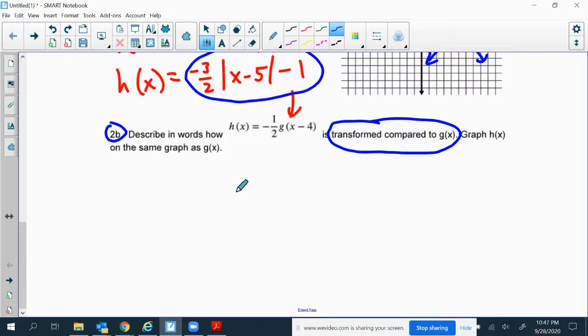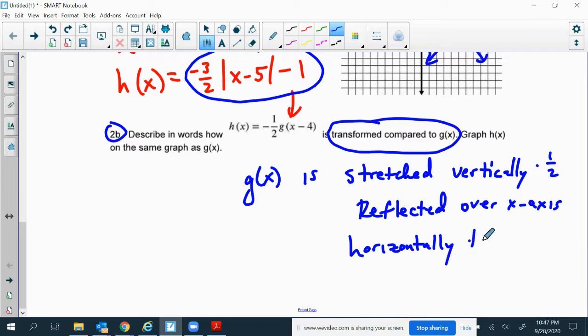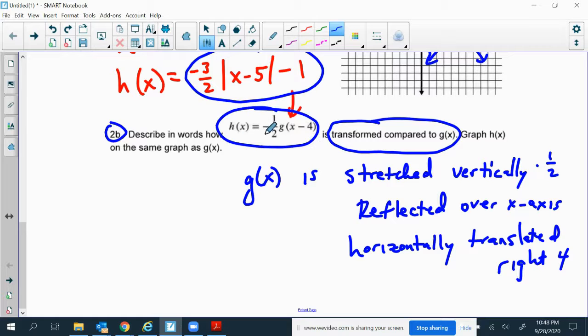And so what we would say is something to the effect of g of x is stretched vertically by a multiple of 1/2, reflected over the x-axis, and horizontally translated right 4. That's what happens to g of x.